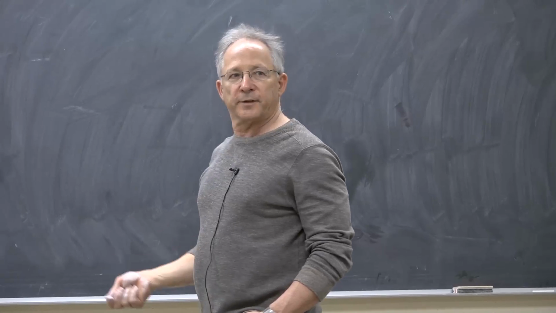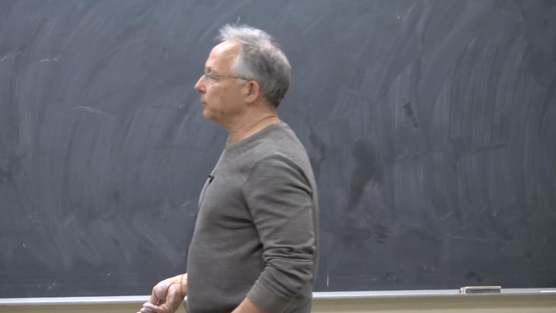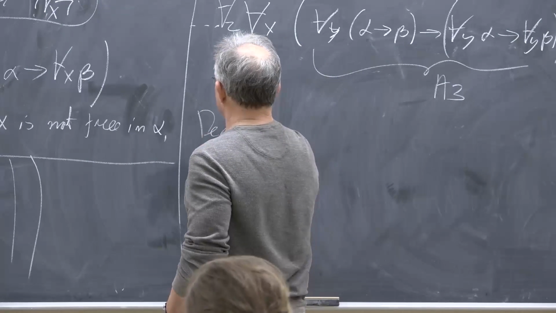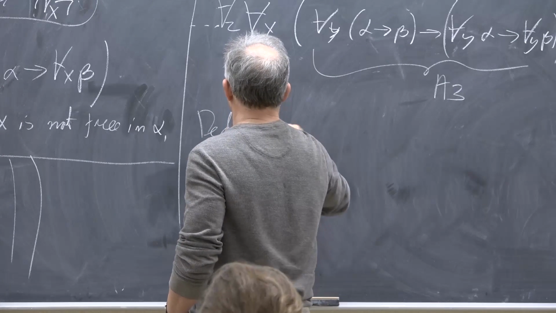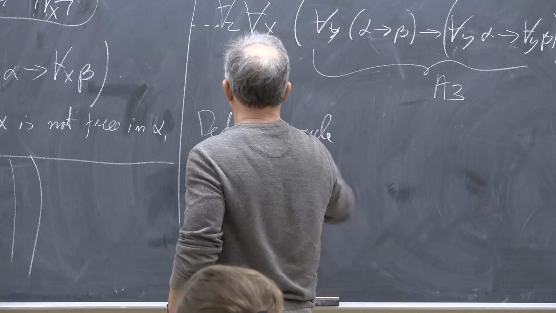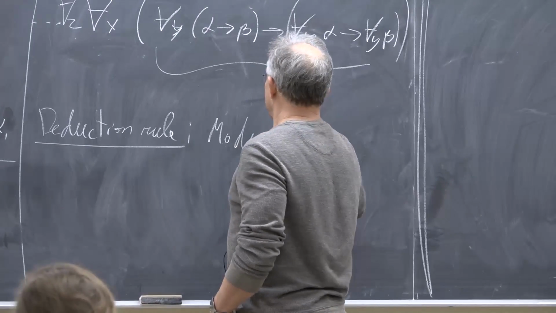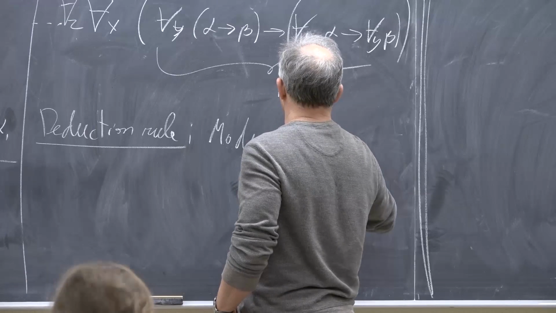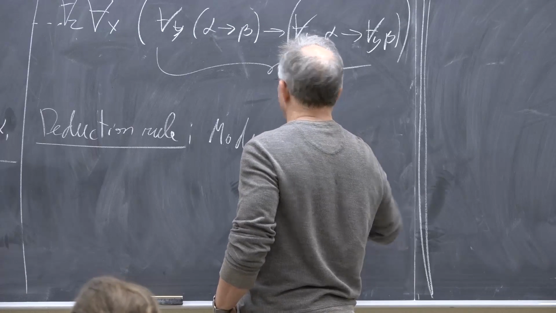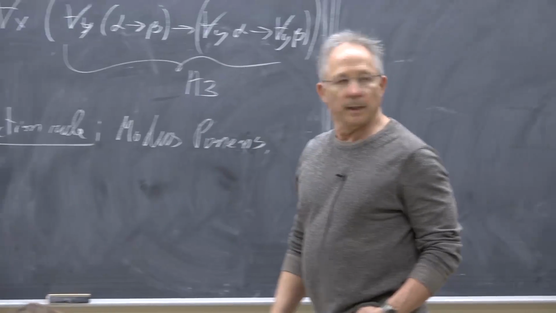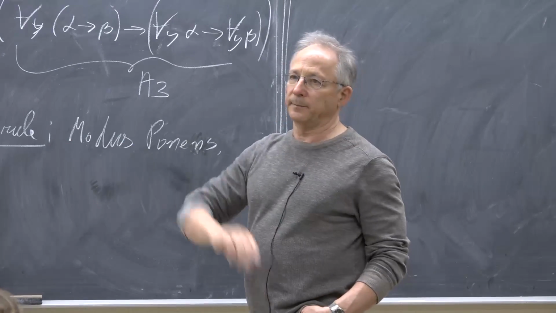Now to get a proof system, we need a deduction rule. So the deduction rule is the same modus ponens that we had in propositional logic. It's exactly the same rule. And this gives me my proof system.